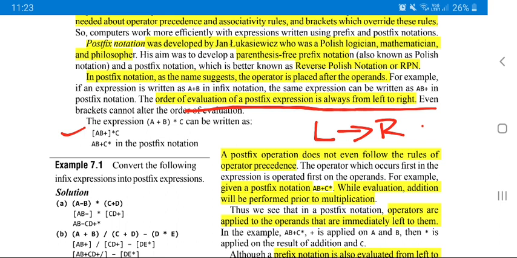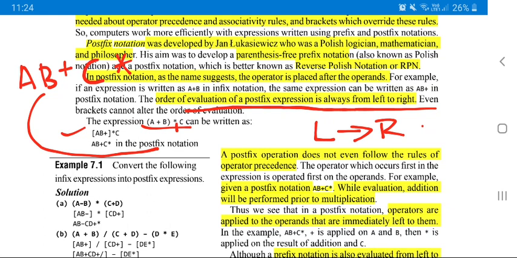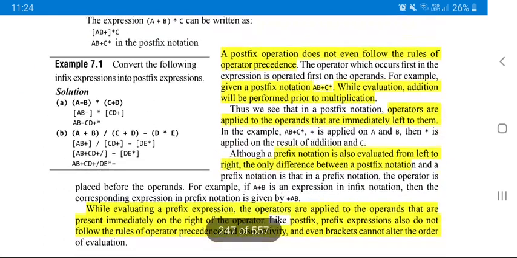See one expression: A plus B into C. They convert it into a postfix expression. How to write that? First A plus B, so A B plus. Then multiply by C: write the operand here, then the operator. This is the way we write postfix notation.